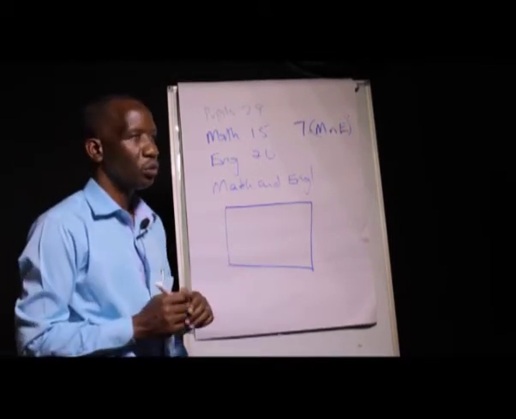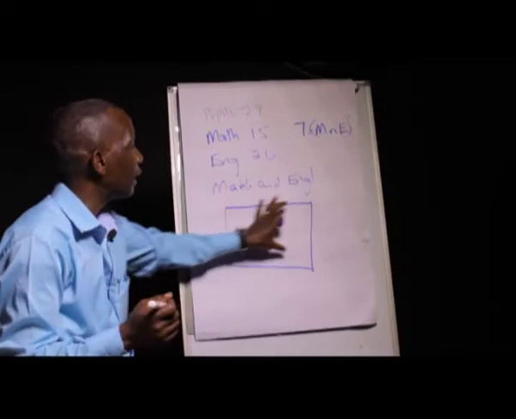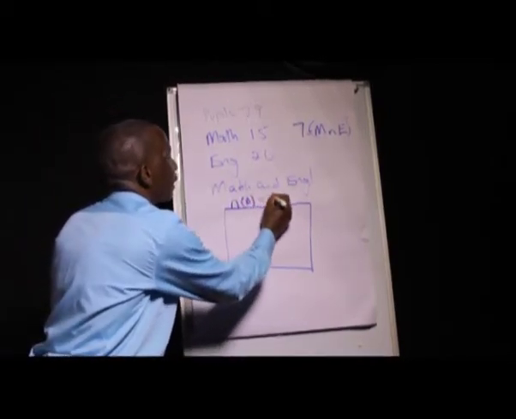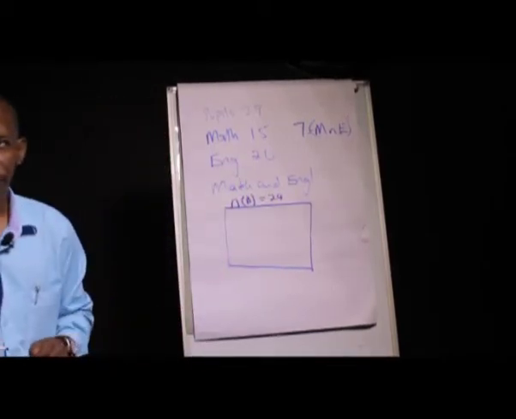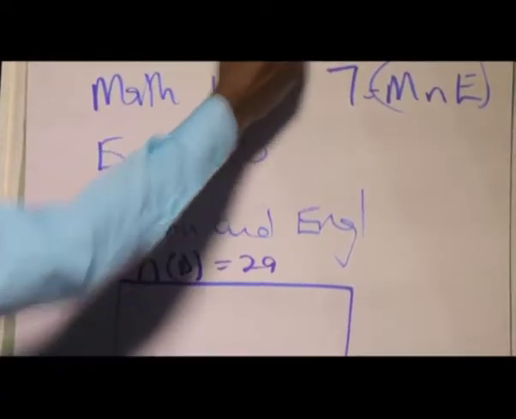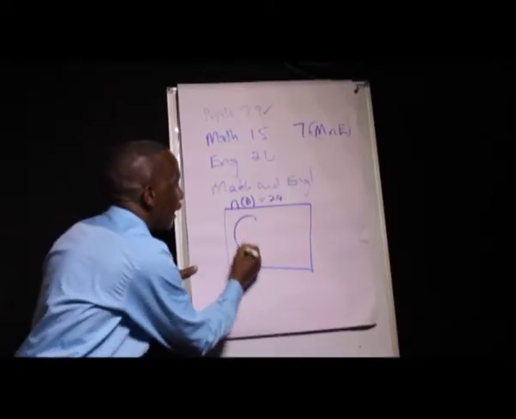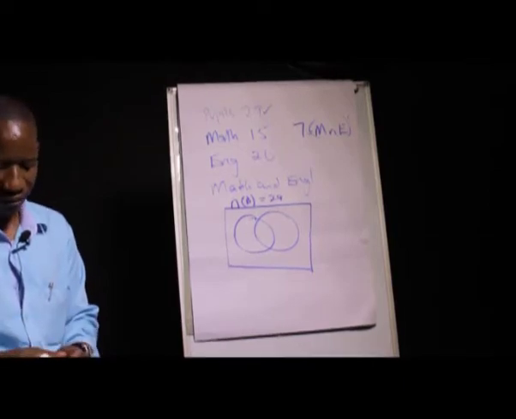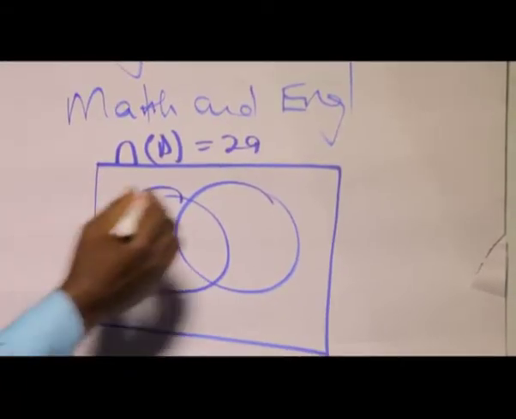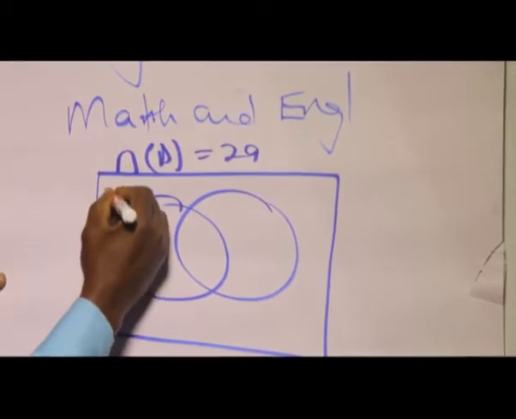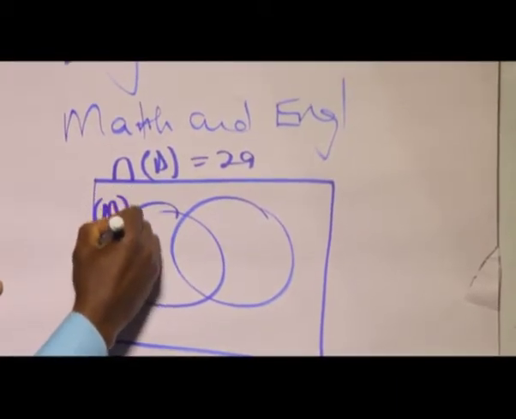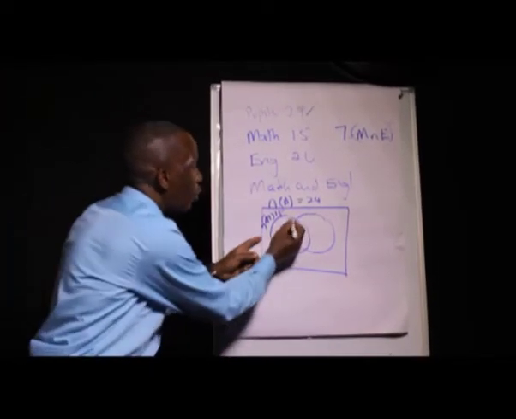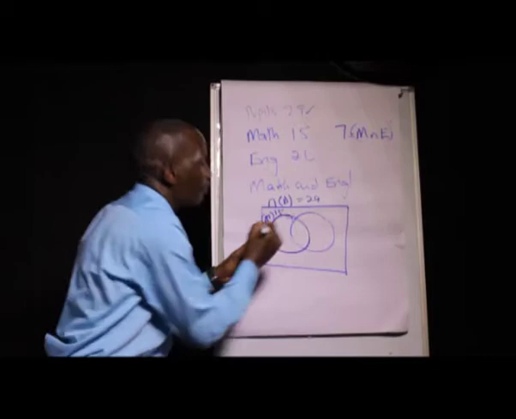First of all, the universal set, number of pupils in the class that are 29. Once we note that, then we can identify the other 2 subjects. Mathematics is liked by 15. The whole of this area is for mathematics.